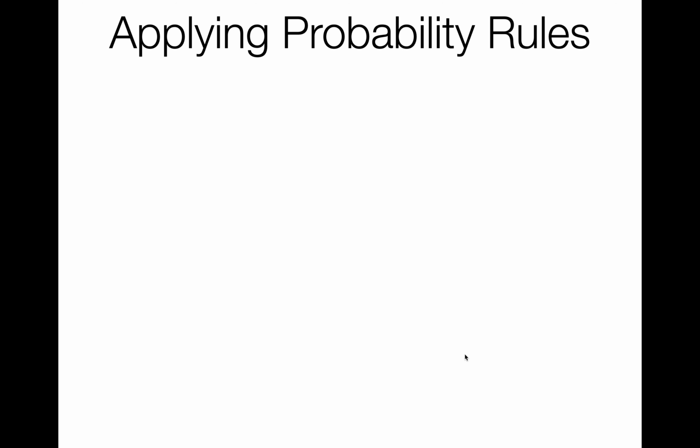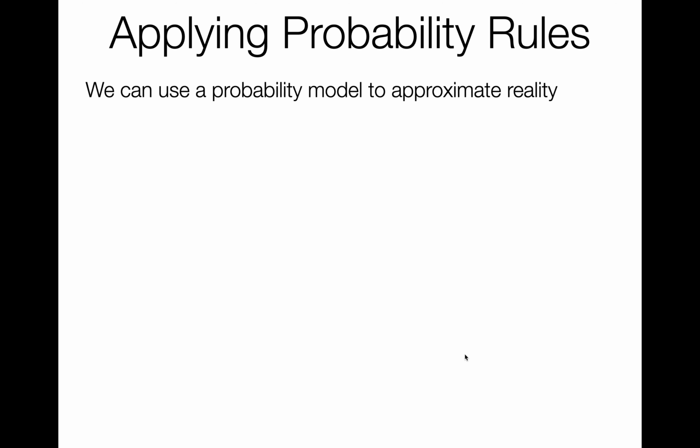So how do we use probability in this course? In the same vein as what I've been talking about before, we're going to use a probability model. I use this word model again; I used it in lesson 3 to mean something similar. We're going to use a probability model to approximate reality.